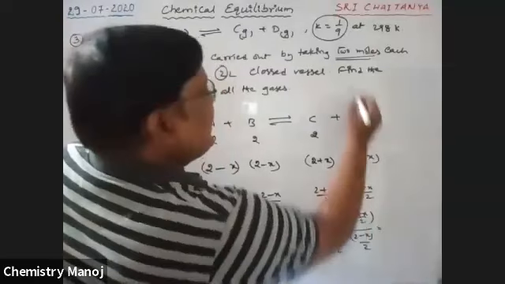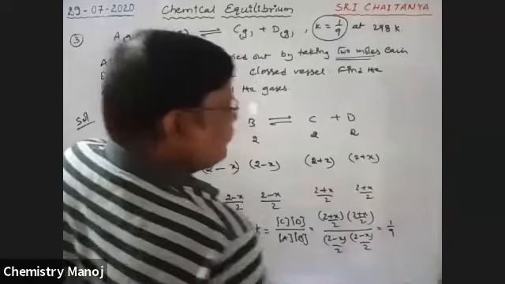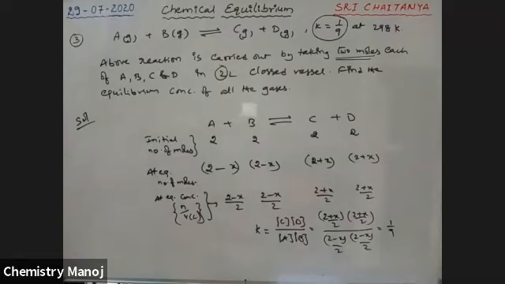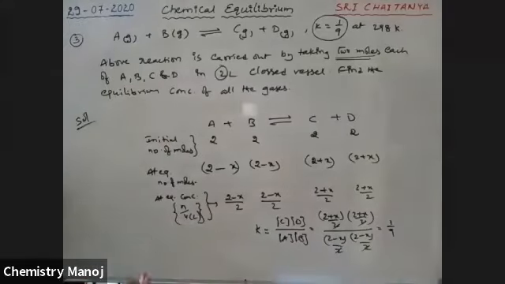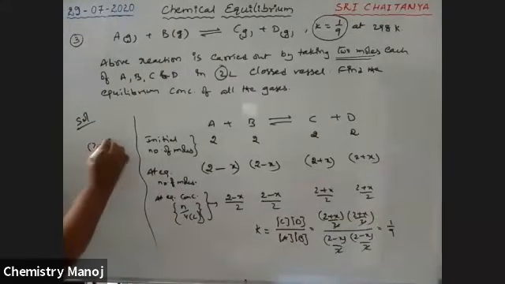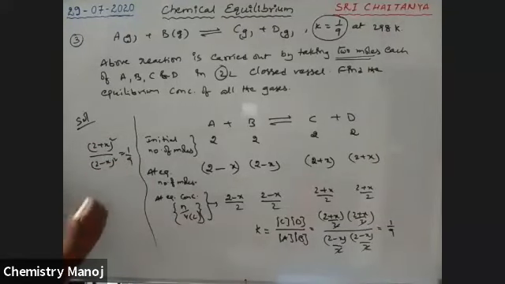Its value is given as 1 by 9. Now the 2 gets cancelled. Therefore, finally we get (2 plus X) whole square by (2 minus X) whole square equal to 1 by 9. Therefore, (2 plus X) by (2 minus X) is equal to 1 by 3.